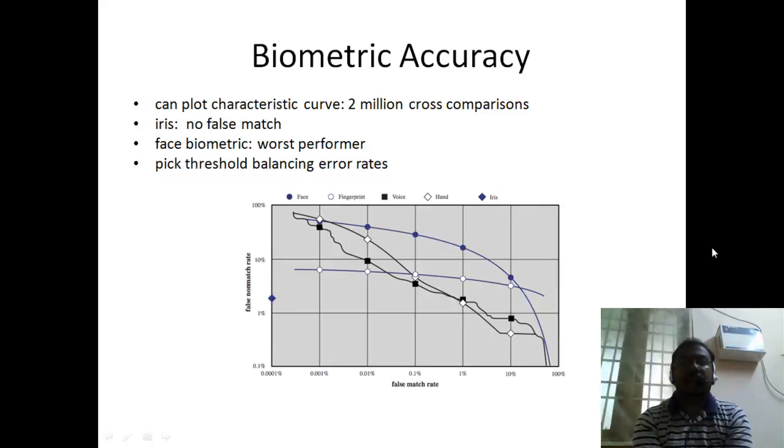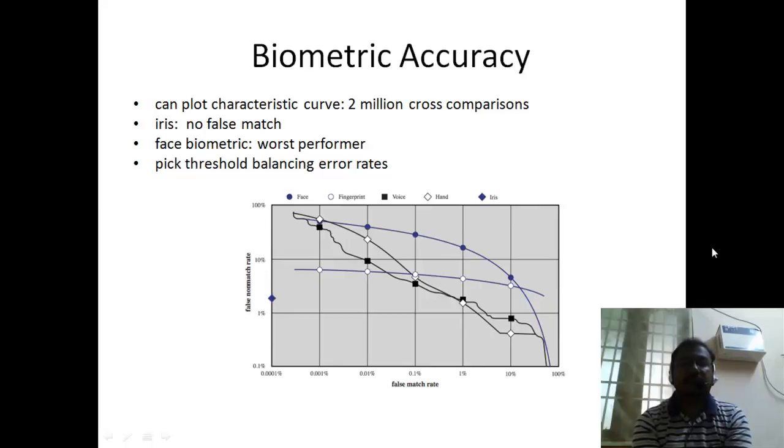In the case of iris, there's no false match. In face biometric, it's the worst performer, and we also pick a threshold balancing error rates. If you see a graph, you have a false match rate on one axis, and on the other a false non-match rate.